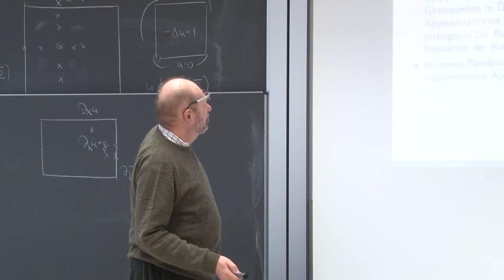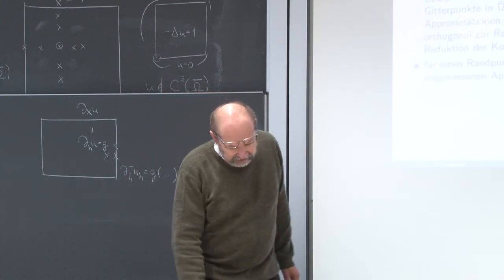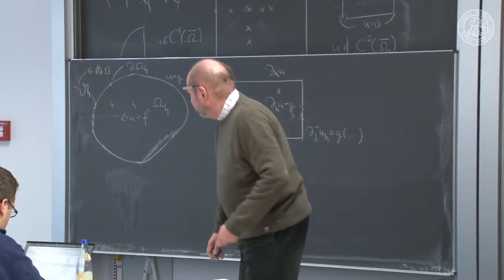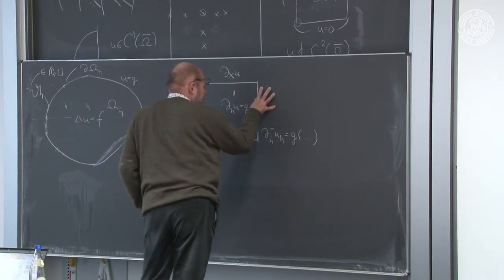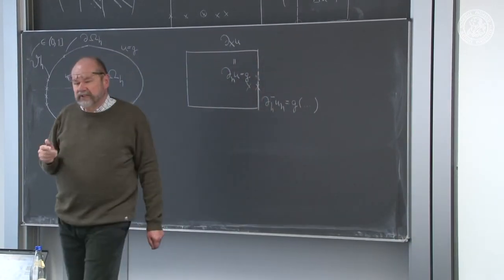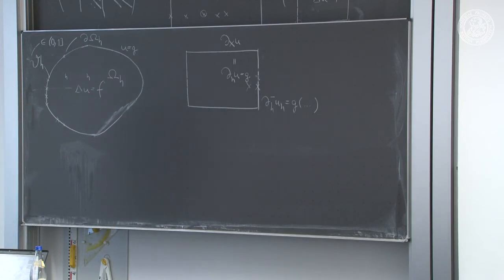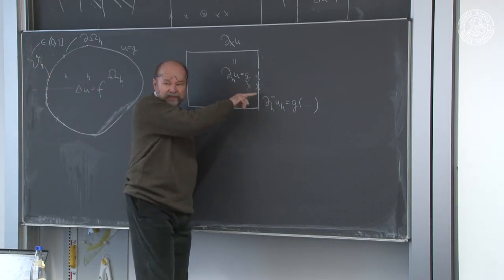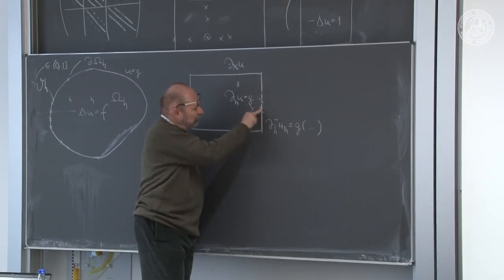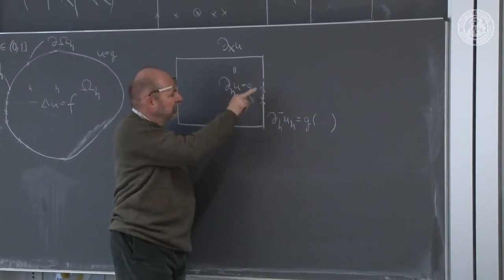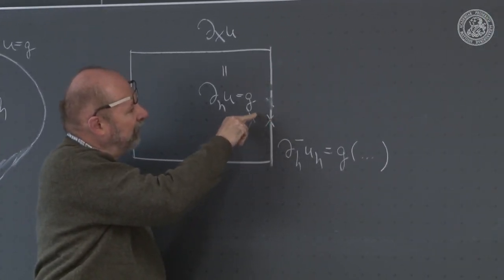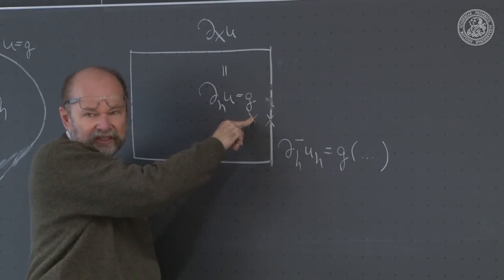Then I write it down directly. What one can do in this case, one can do it as I described it right now, or one can do it similarly to the Dirichlet boundary condition and do what is called static condensation. One can eliminate this degree of freedom, because that's a very simple equation which involves only this point. So I resolve the equation, so to speak, for this point and plug it in the equation for this point here.